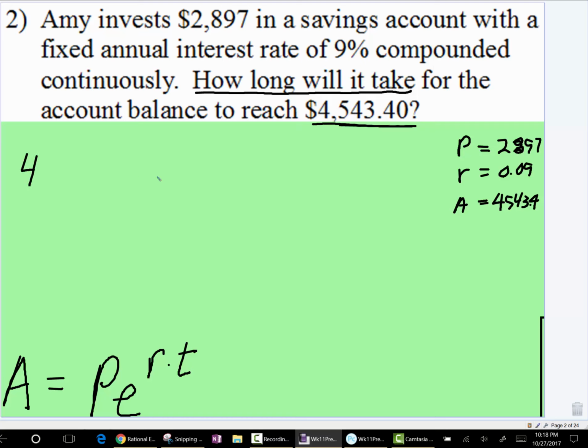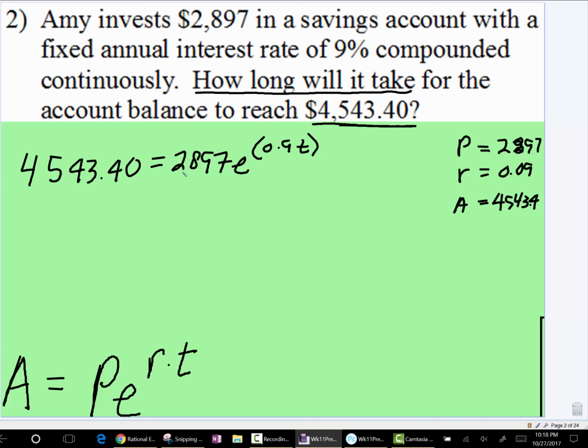So my guess is the time is not very long. $4,543.40, and that's going to equal the principal, $28.97, times e to the 0.09 times t.